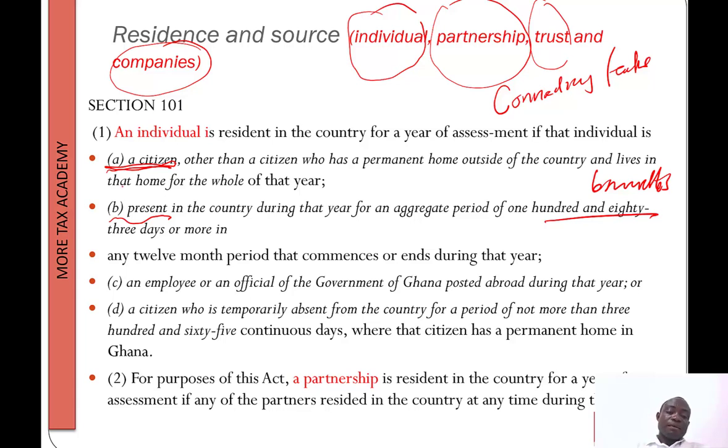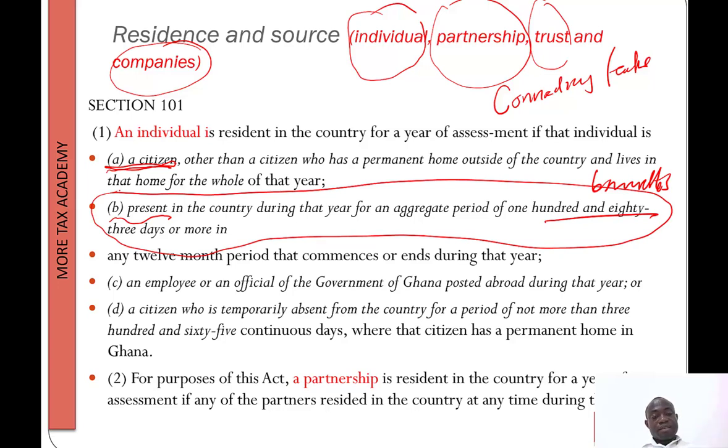Sometimes the confusion comes with the B, the 183 days rule. And then D says a citizen who is temporarily absent from the country for a period not more than 365 continuous days. So you are a citizen, but for a very short time you are outside Ghana, and you have been out of Ghana not more than 365 days.